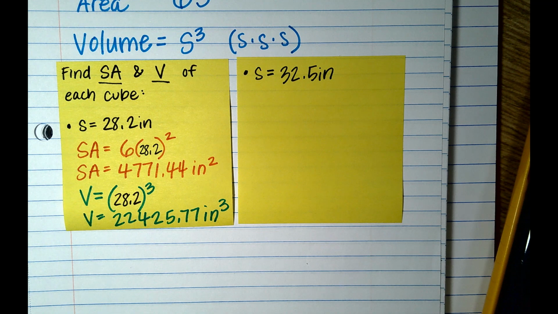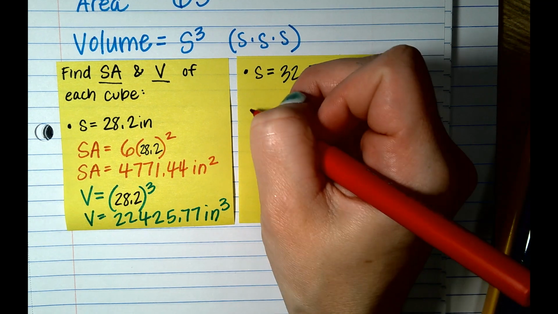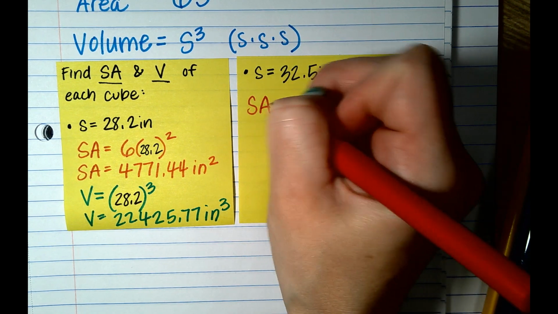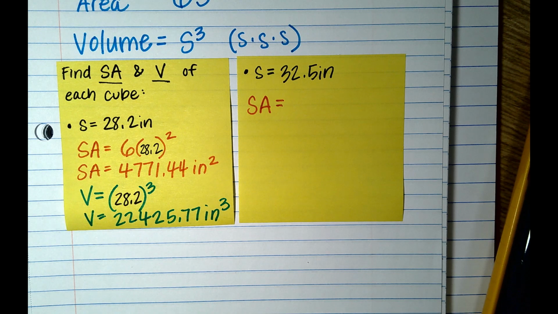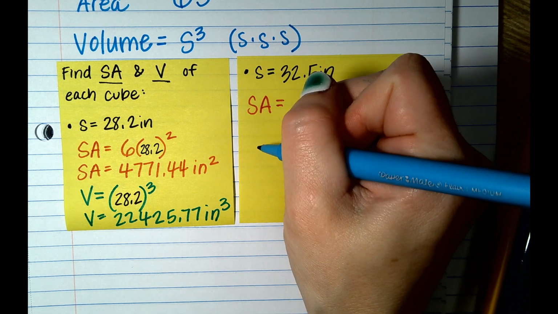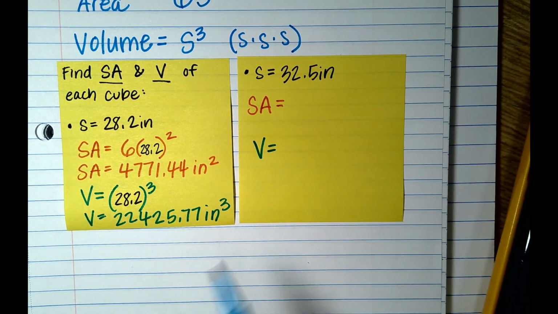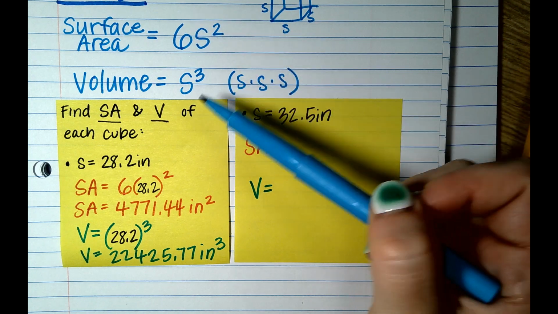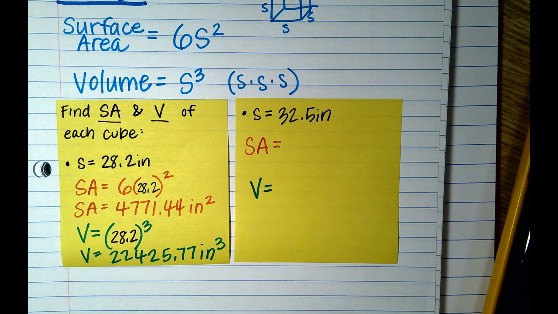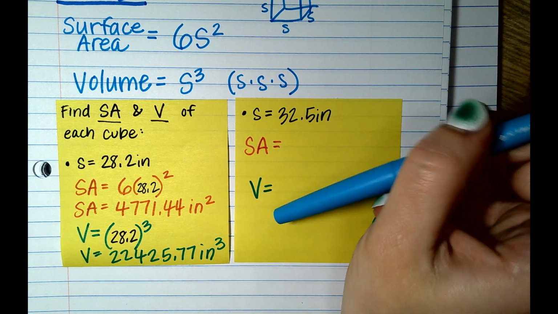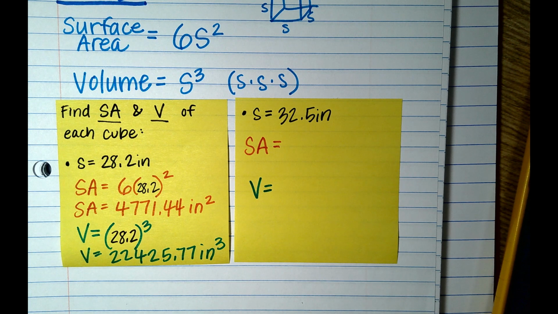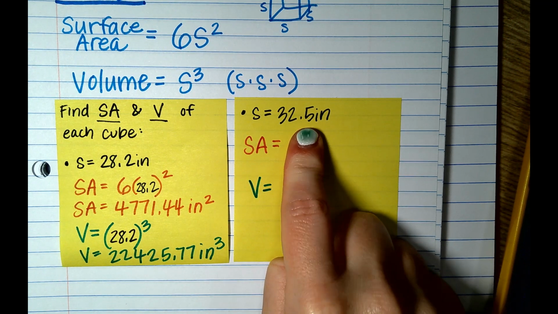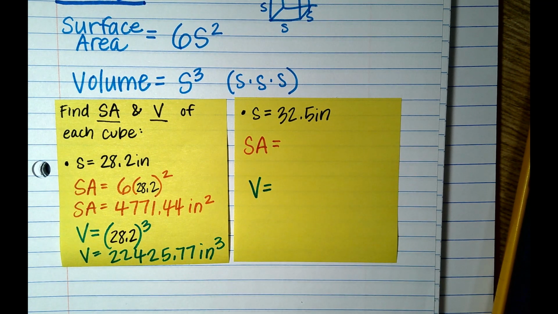I would like for you guys to try to find the surface area and the volume. So use the surface area and the volume formulas and find each for this side length, 32.5. Try that on your own. I'm going to pause this.